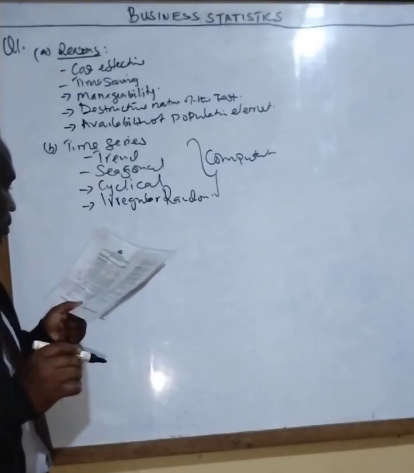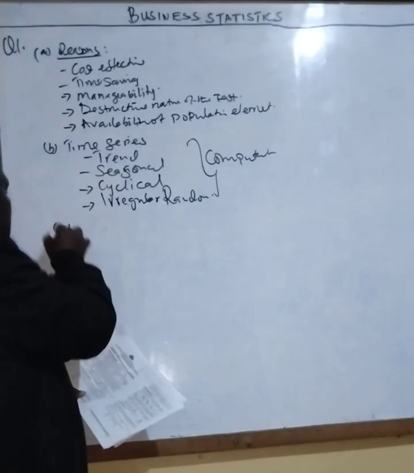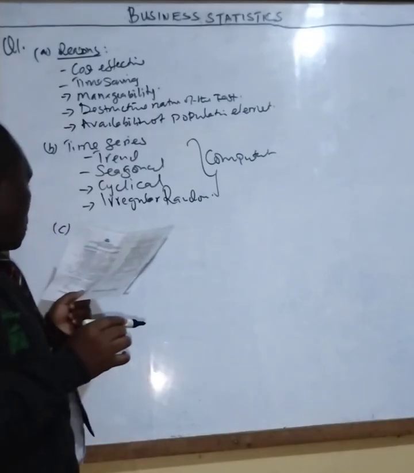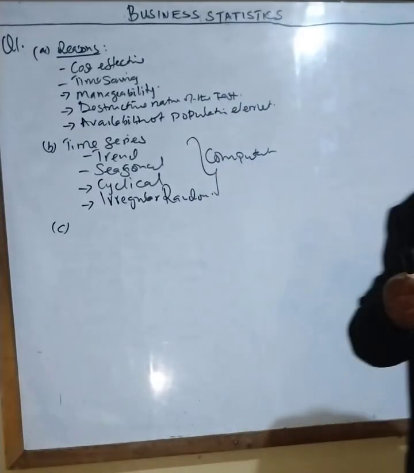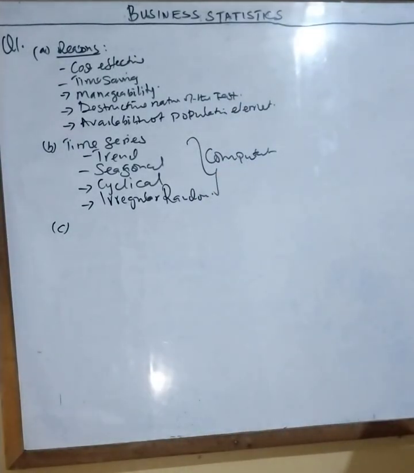Number C. C is saying, on average, the school photocopier breaks down 8 times during the school week, from Monday to Friday.